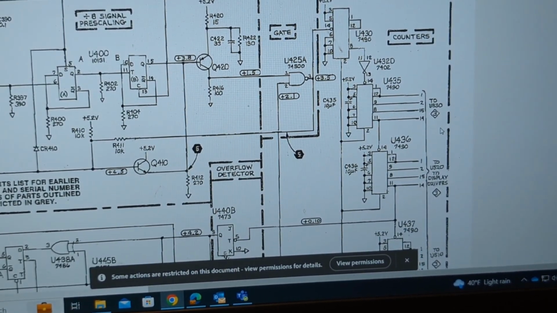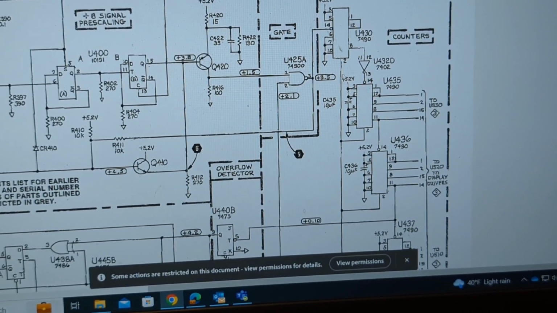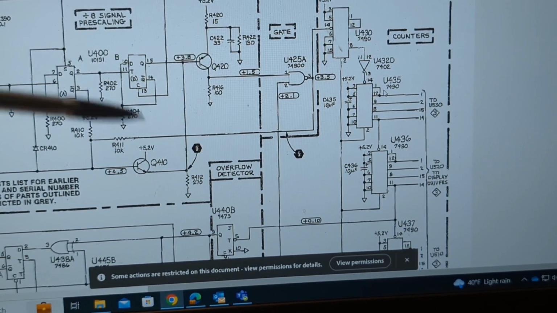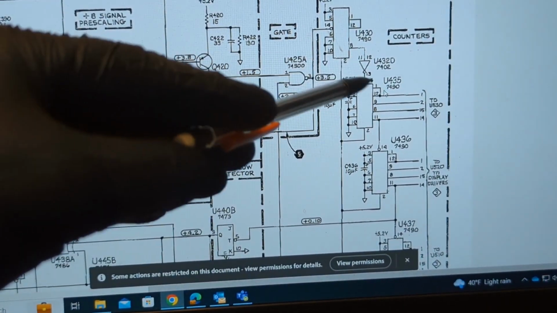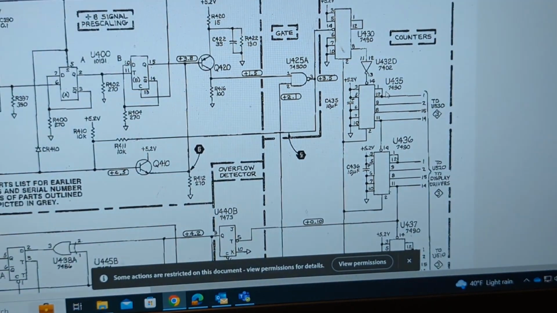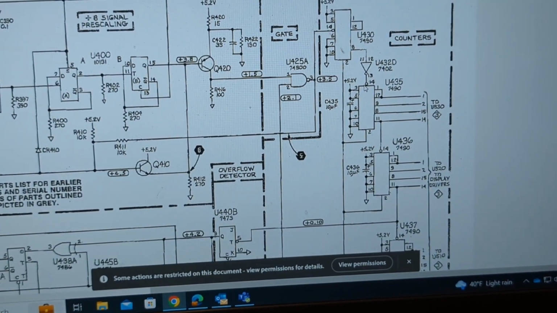So that was the trail I should have followed. And I did, off camera earlier, measure this pin 14, and there is a clock signal there, and we can do that now.